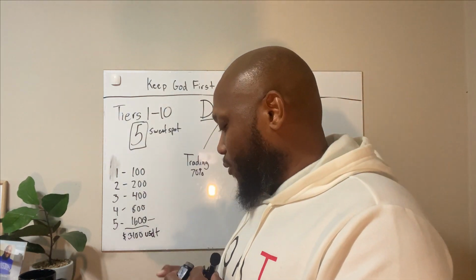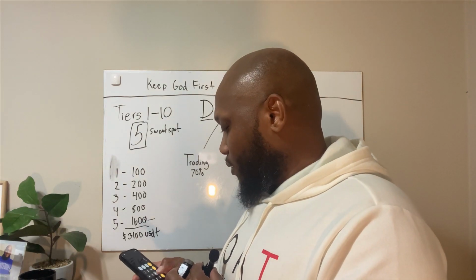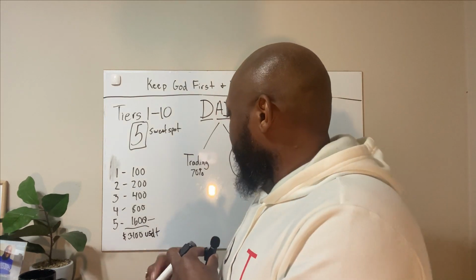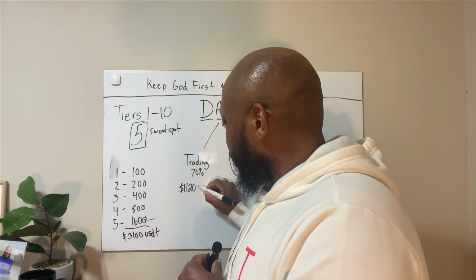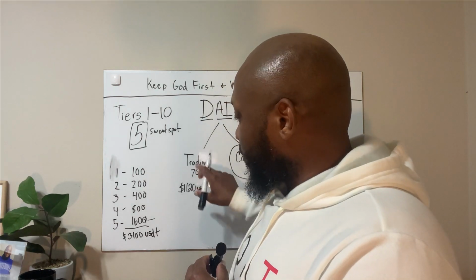Just doing some very quick math, 1,600 times 70% is 1,120 in trading, 1,120 USDT. And you'll see this growing because of the trading side.